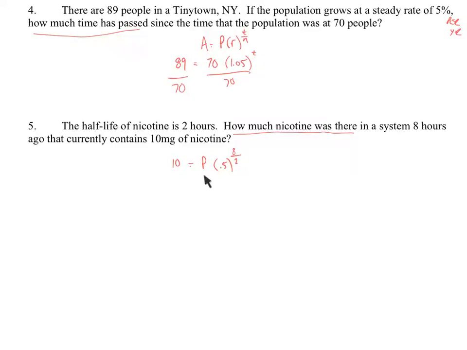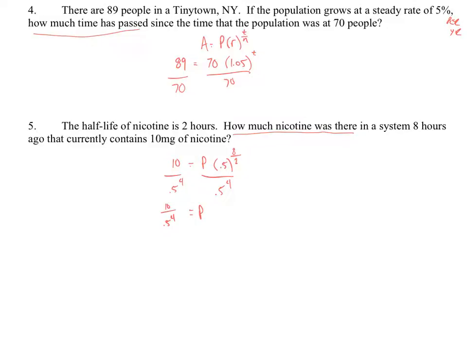Over here, you're also going to do that. But instead of dividing by p, you're going to divide by 0.5 to the 4th power, and that's just 8 divided by 2, which will be the first thing you do. So by doing that, you'll have p by itself. That's going to be 10 over 0.5 to the 4th. And all you have to do there is just punch that into the calculator.